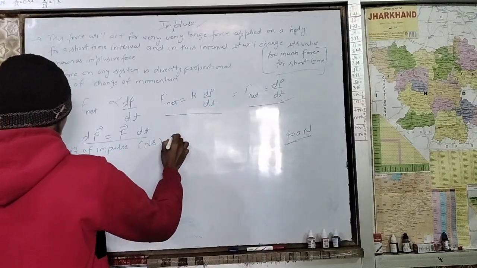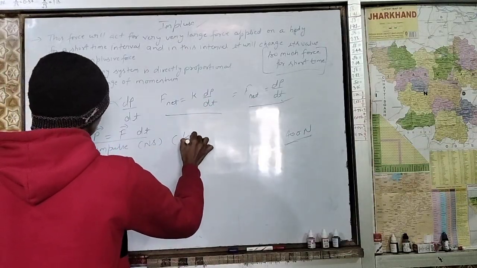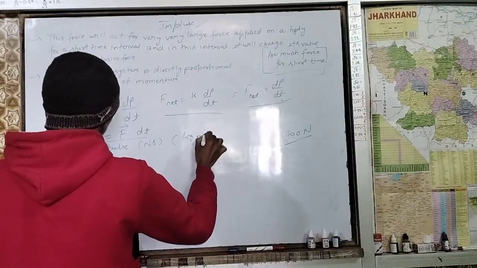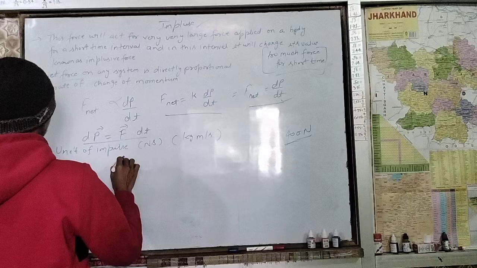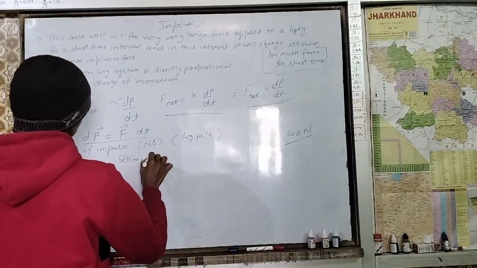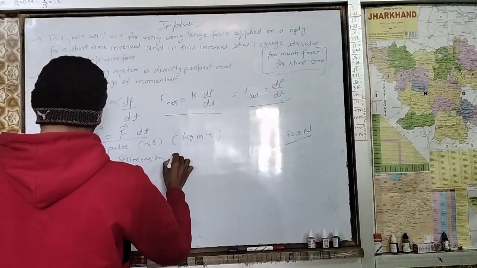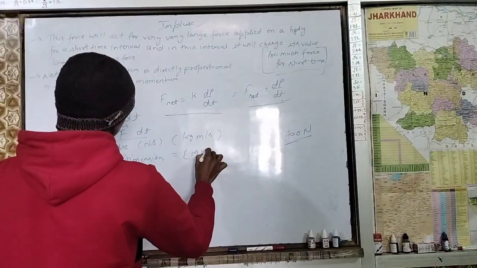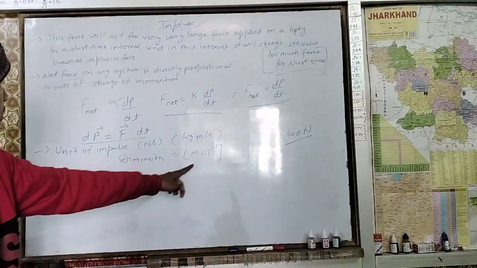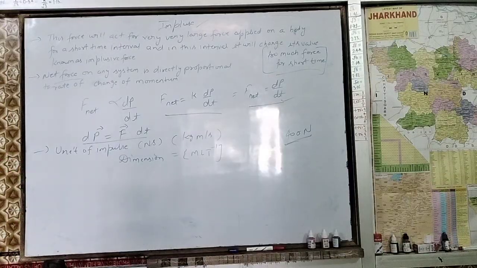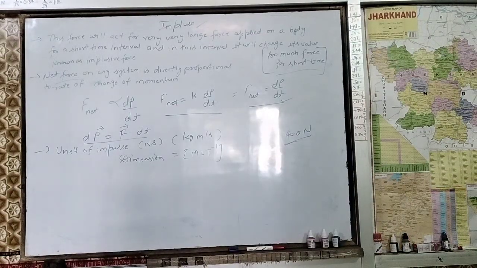So Newton second can be written as kg meter per second. The dimension will be M L T raised to power minus 1. S is in the denominator, that's why minus 1 came. Clear? This is the unit of impulse, which is kg m per second, Newton second.